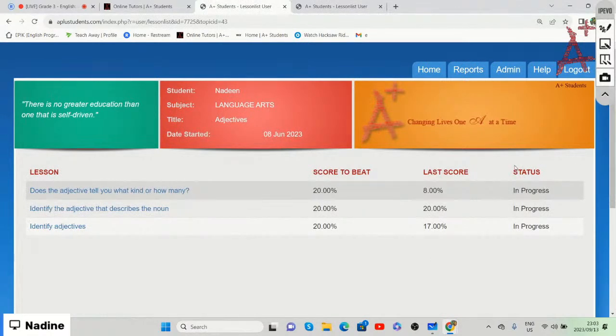And under the chapter of adjectives, we are going to focus on the lessons: does the adjective tell you what kind or how many, identify the adjectives that describe the noun, and identify adjectives.